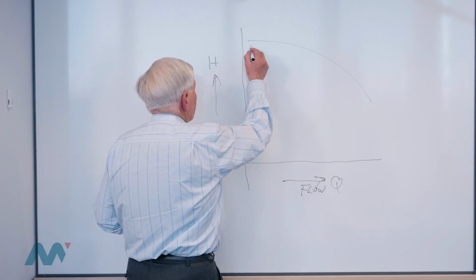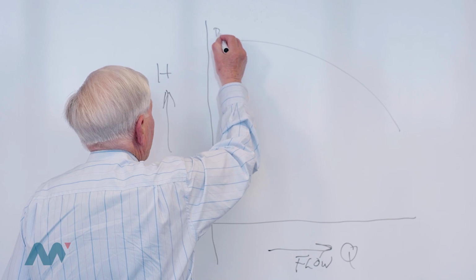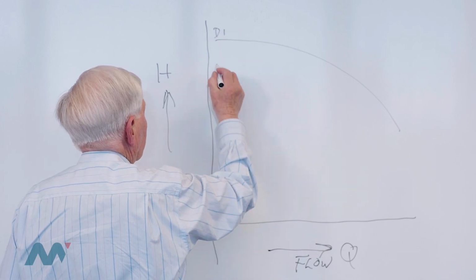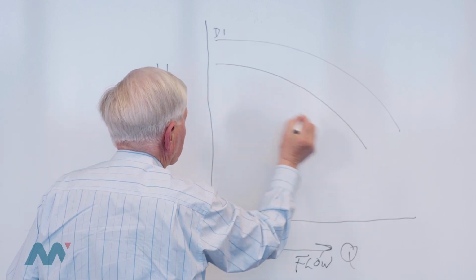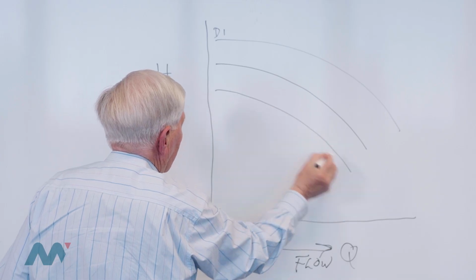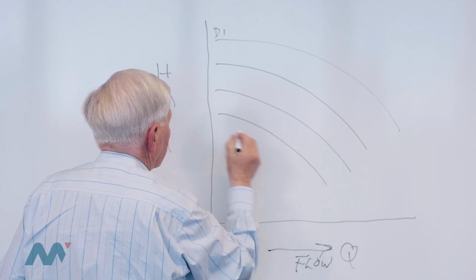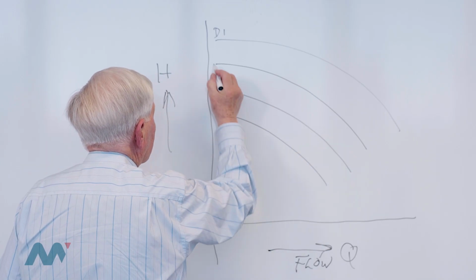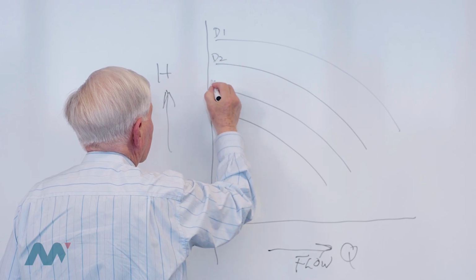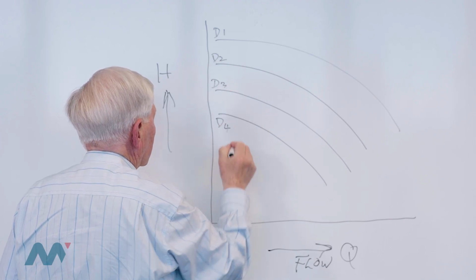And we normally have various impeller diameters. This might be D1, that would be the maximum diameter, and we'll see other HQ curves that go down to D2, D3, D4.